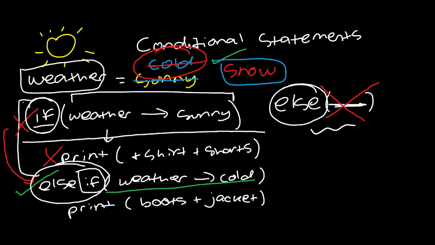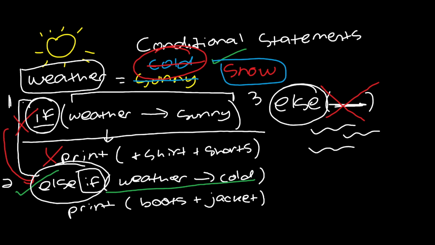So we can write our code over here, which will basically say, okay, if it's snowing, then wear some pants or something like that. Doesn't really matter. But what you need to understand is that this sequence of us going from if, else if, else is important because the computer is going to check, let's say this line of code here is number 1, and this line of code here is number 2, and this line of code here is number 3.